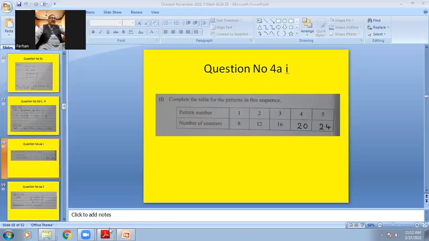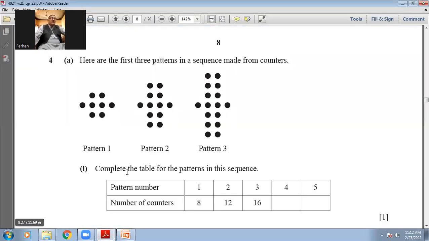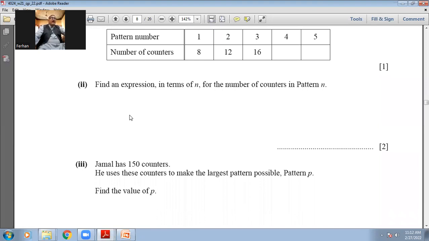Okay, so the next part. Find an expression in terms of n for the number of counters in pattern n. Because a certain number is added all the time, the sequence started with 8, and every time I am adding 4 to go to the next term.